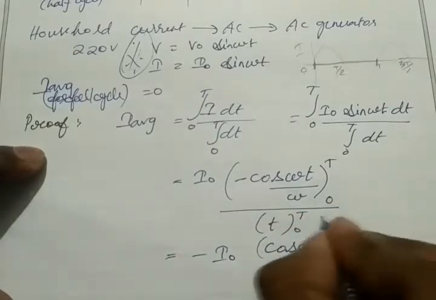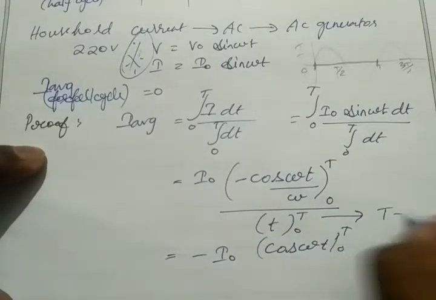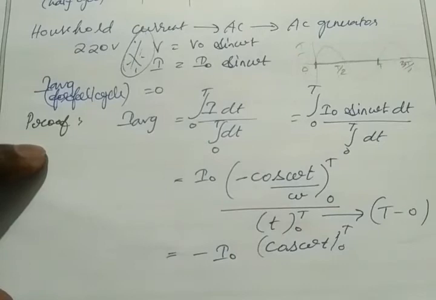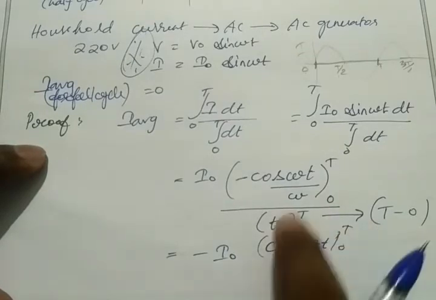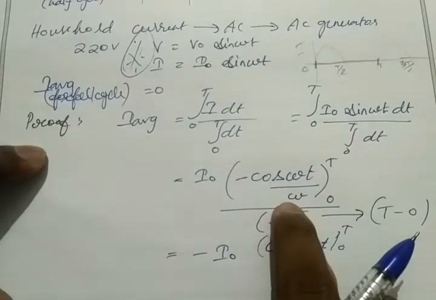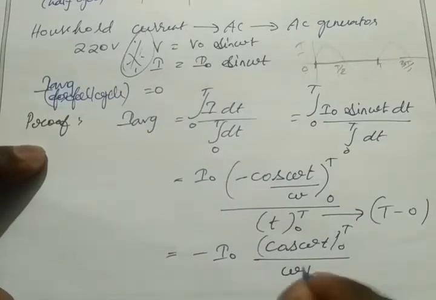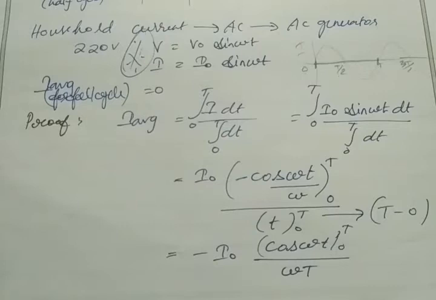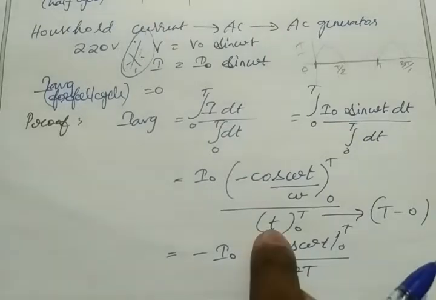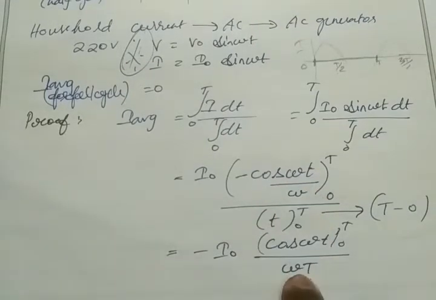If I substitute this, then I get upper limit minus lower limit. So simply we have t, and already here we have omega in denominator. So multiply these two, then it will become omega t, correct? Okay, we substitute the limit and multiply this omega with t, we have omega t.